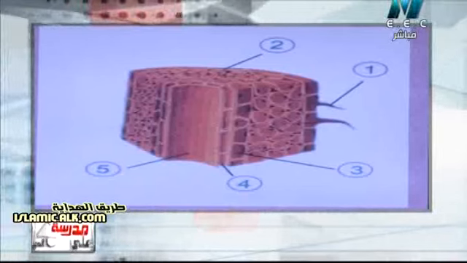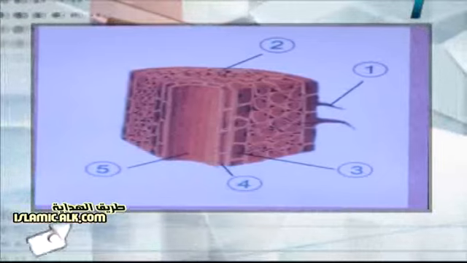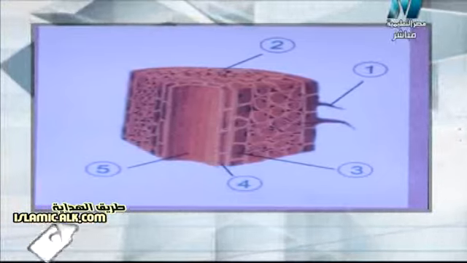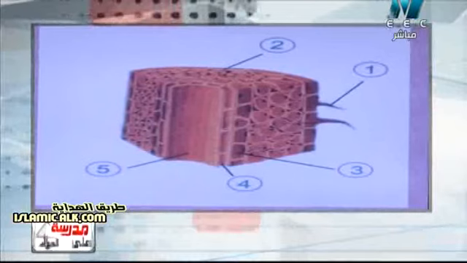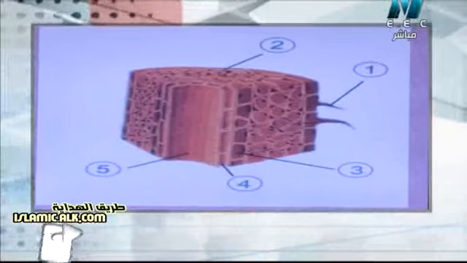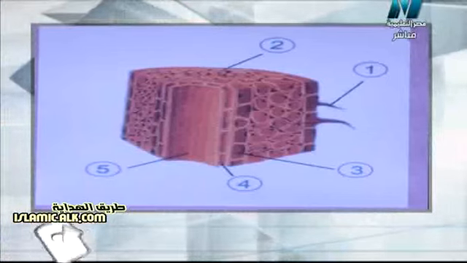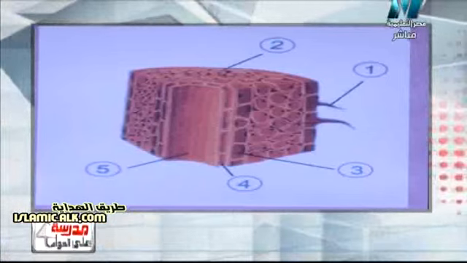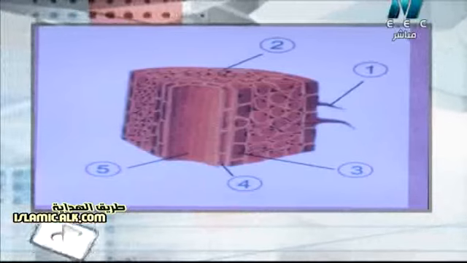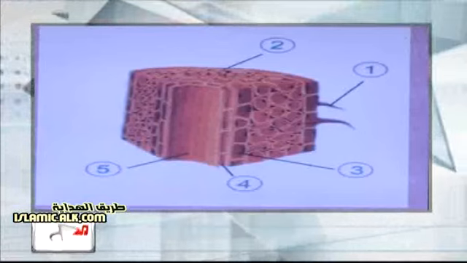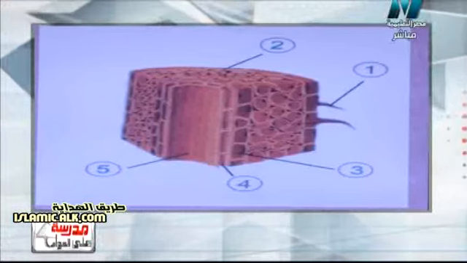Here the epidermis isn't required in this question. So again, I have root hair, cortex, endodermis, wood or xylem, and at last the pith. But number 1 is the root hair.